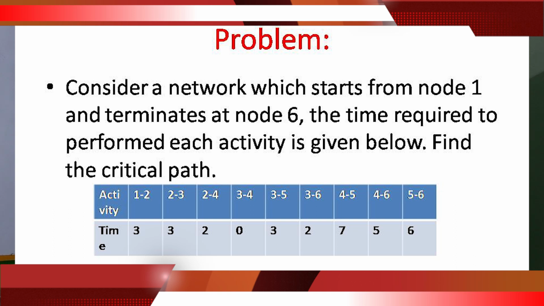Let us see this network. Consider a network which starts from node 1 and terminates at node 6. The time required to perform each activity is given below. Find the critical paths. So let us see how the critical path is determined. First we have to draw the network diagram.